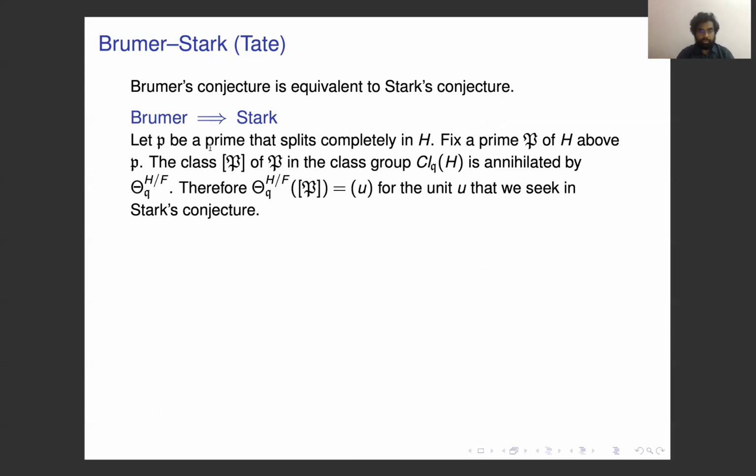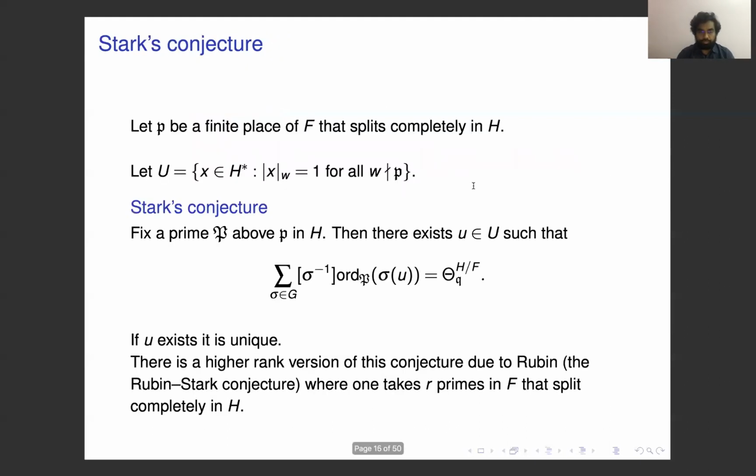I have a place P that splits completely in H, and I have fixed a prime capital P above P in H. So I look at the class of this capital P inside my class group, which appears in Brumer's conjecture, and this is annihilated by the Stickelberger element. So I hit it with the Stickelberger element. I get a principal ideal out of it. And this principal ideal is congruent to 1 mod Q.